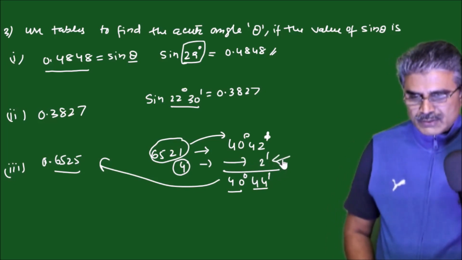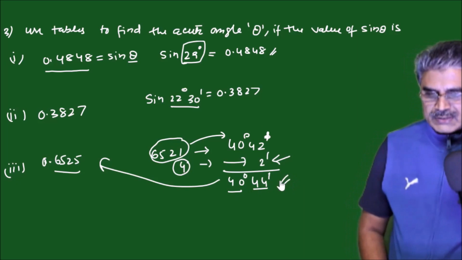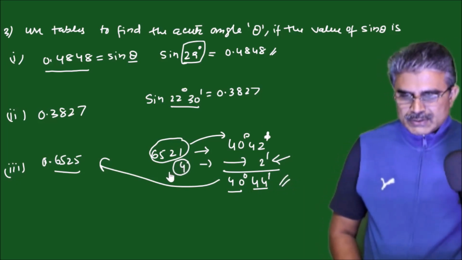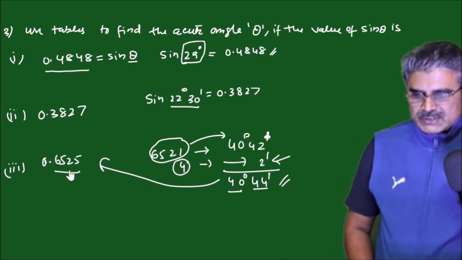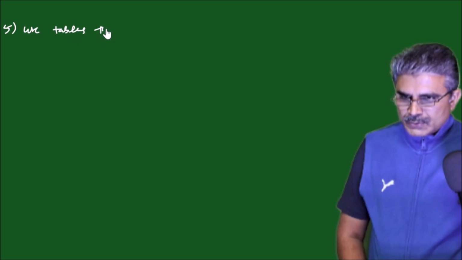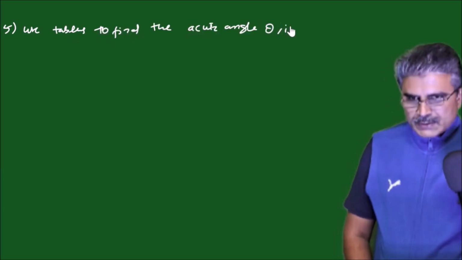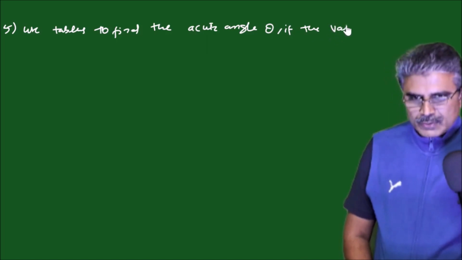So we got that minute value also. If you add all these things, you will get 40 degrees 44 minutes as the angle which has sine value 0.6525.